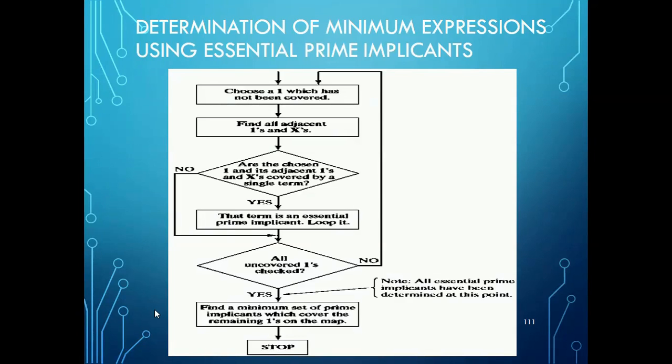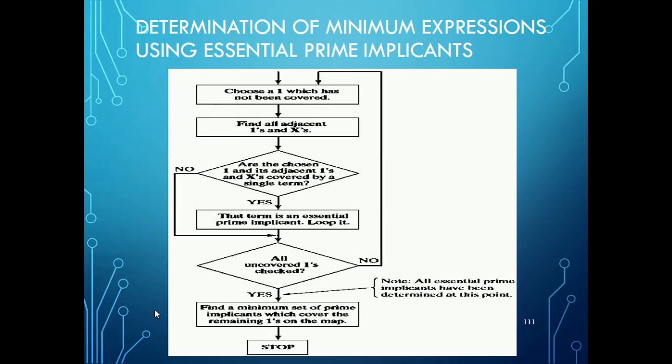So the procedure for getting the minimum expression is already explained. You can follow this flow chart for this procedure. If they ask in the exam to write the flow chart, then you can explain that. The first step is to choose a min term which has not been covered.